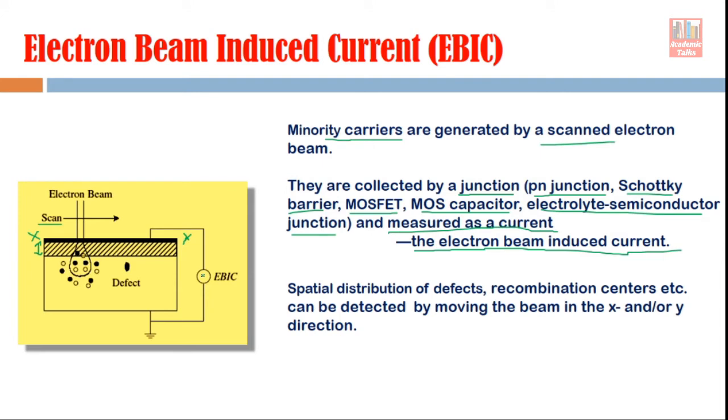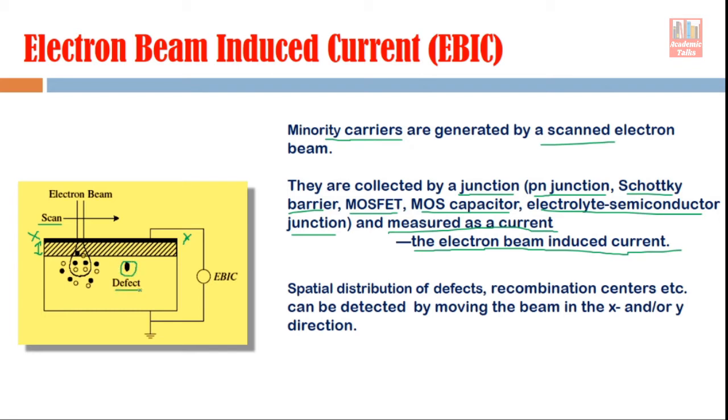Now the spatial distribution of defects can also be detected very easily. For example, in this figure, the minority carriers, or electron hole pairs, are present in this portion. Now if there is a defect present here, you can see this is a defect.